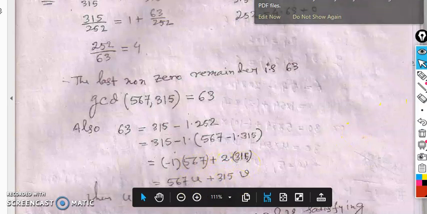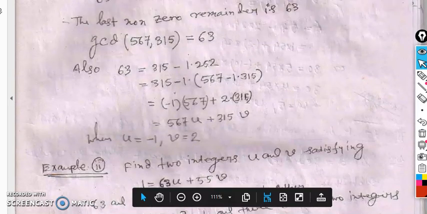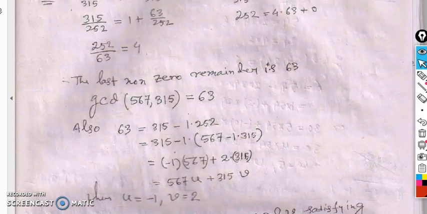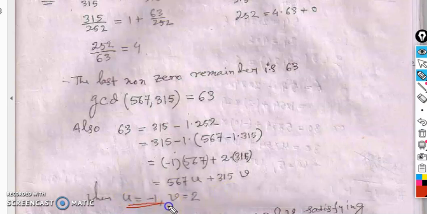If we compare this result with the form ua plus vb, then u equals minus 1 and v equals 2. That is the procedure using the division algorithm to find the GCD and the way of representing it in the form ua plus vb when we want to find the GCD of a and b.